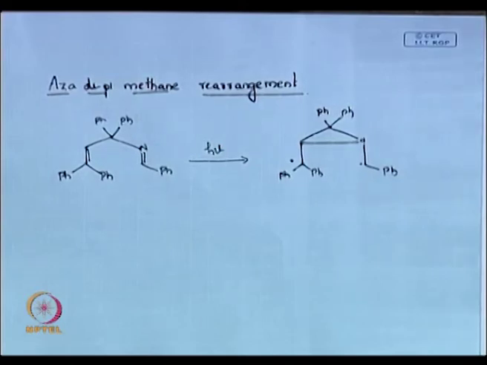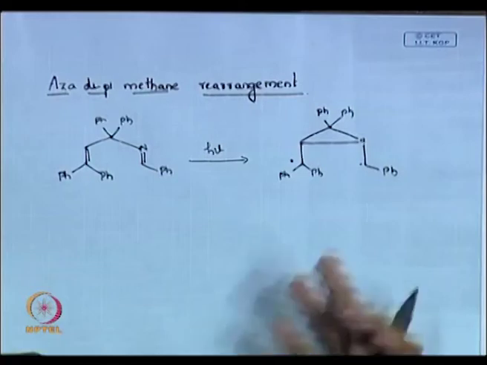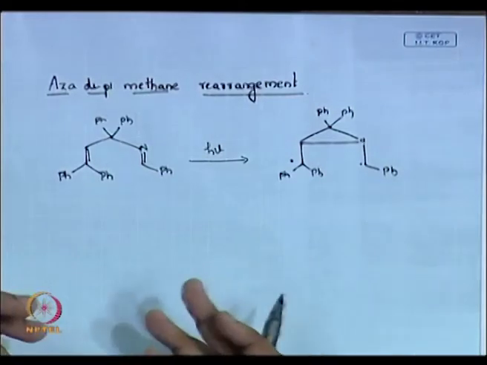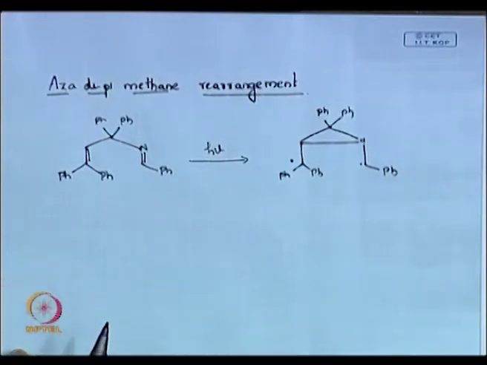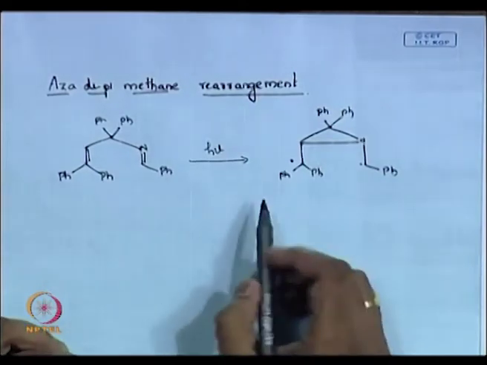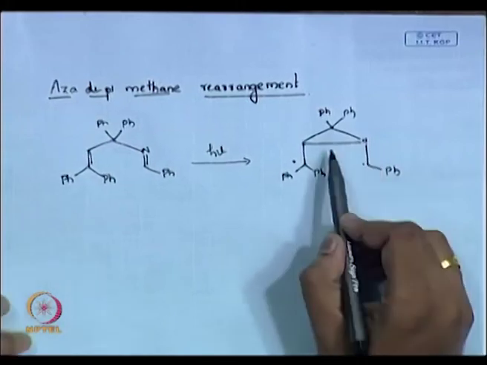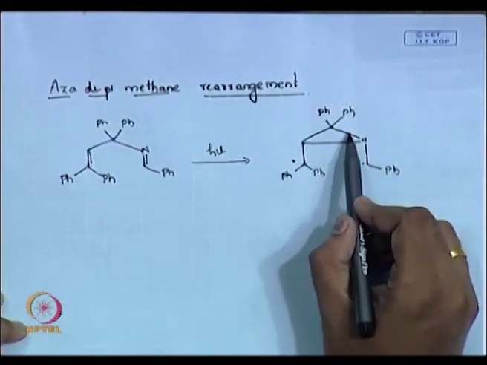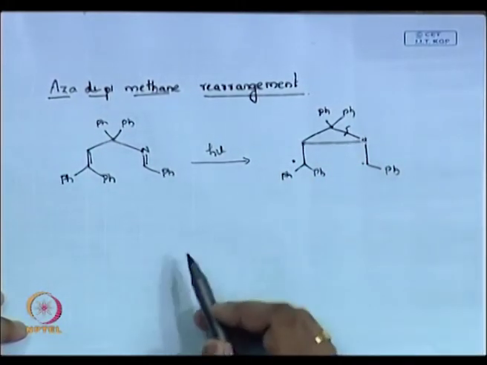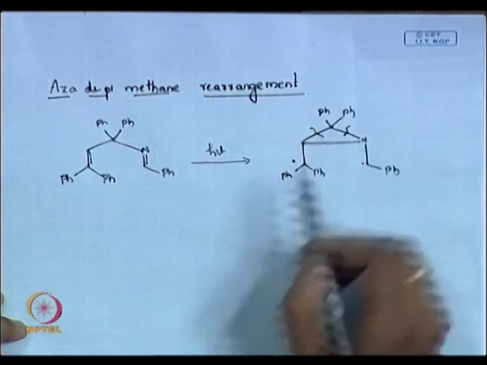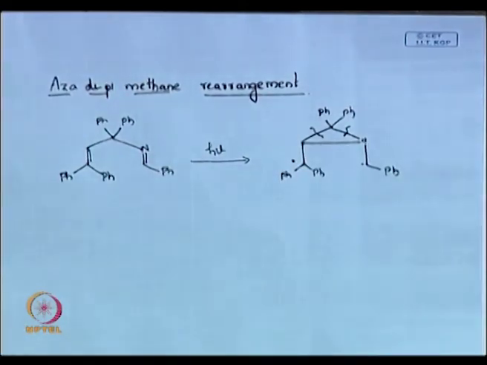In the oxa-di-pi-methane rearrangement your cleavage was easier, because most of the time you want to get your ketone back. In this case I have a choice: I do not want to cleave the newly formed bond, but I can cleave this one or this one. So, shall we write both the products and see?